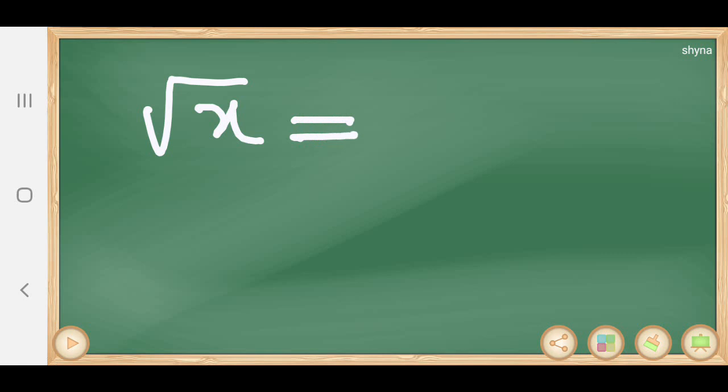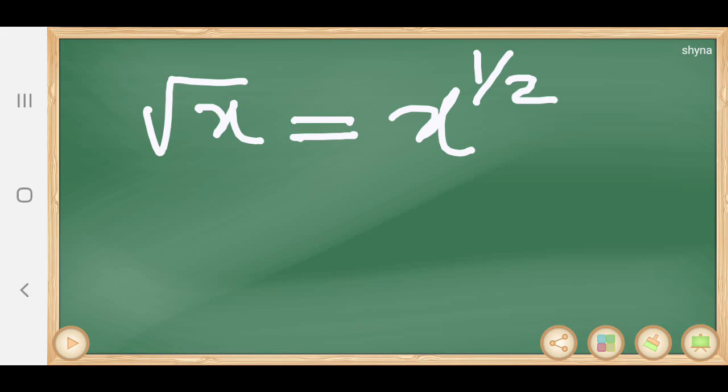One more example. While writing the examples of polynomials, I told you not to write x inside of the root symbol. Why? Here, root x. What is the power of x in root x? Is it a whole number or a positive integer? Dear children, root x, its value is x raised to 1 by 2.